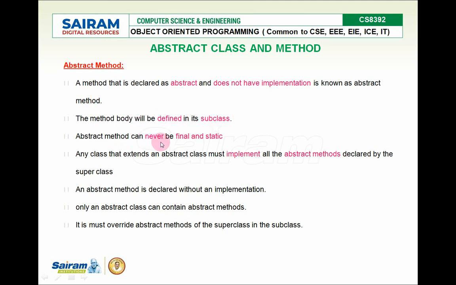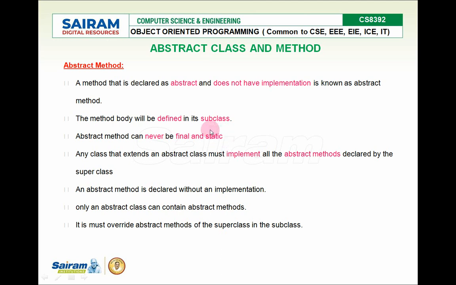An abstract method can never be final or static. If you don't know about final, I'll tell you what is final and what is static. Static we already discussed, right? If you declare a method as static, it can be called straight away with the class name; no object needs to be created for calling the static method.